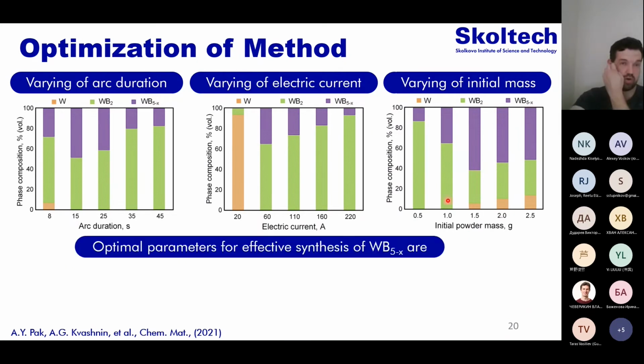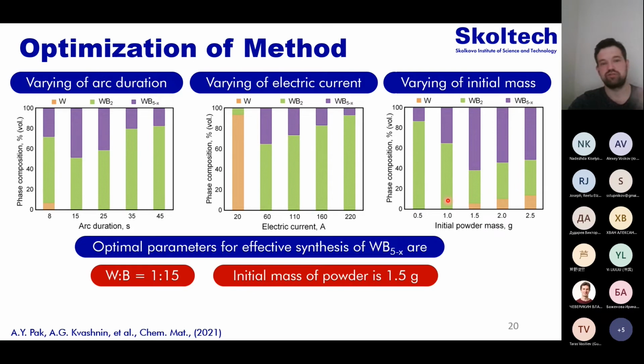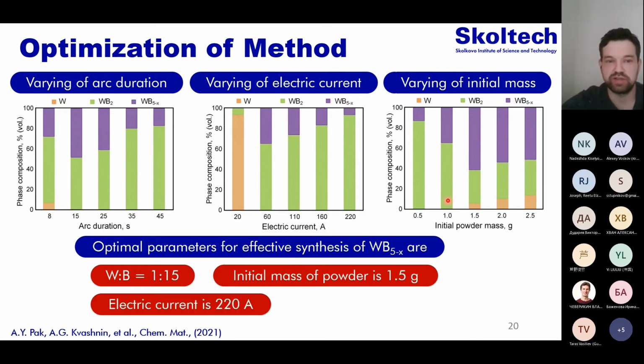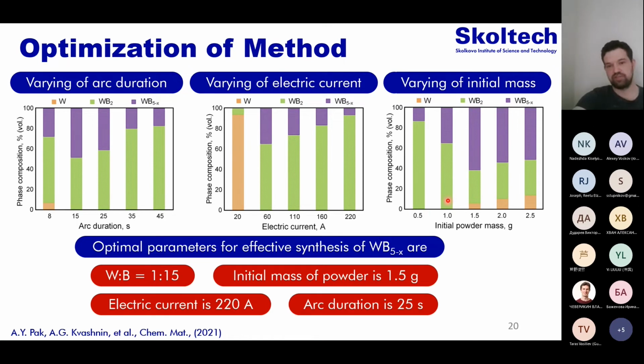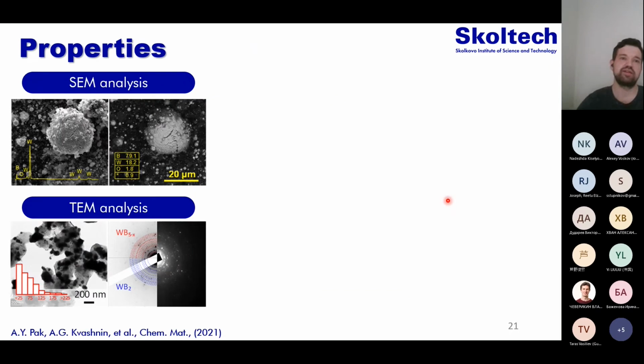Thus, for our experimental setup, we obtained the optimal parameters for effective synthesis of our new material: atomic ratio of tungsten to boron, initial powder mass, electric current, and arc duration. Using these parameters, we can easily synthesize powders of tungsten boron 5-6.